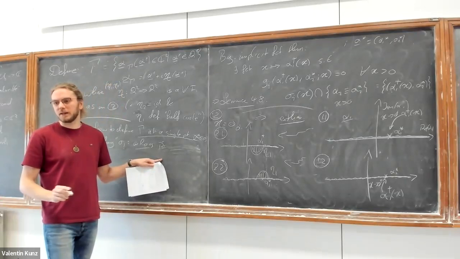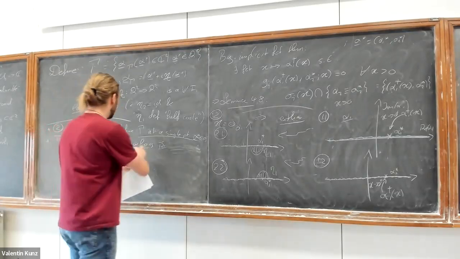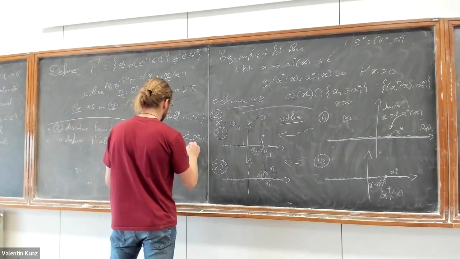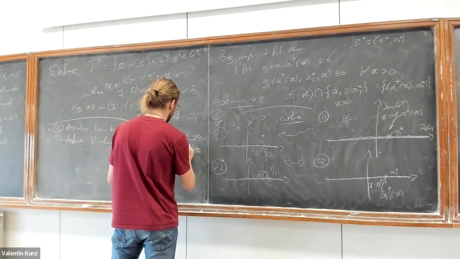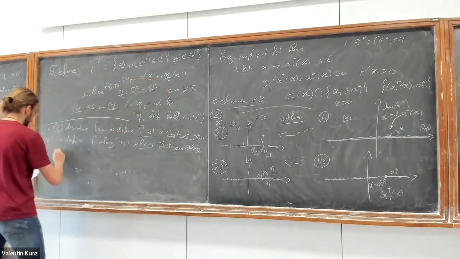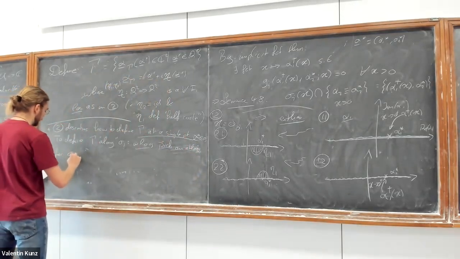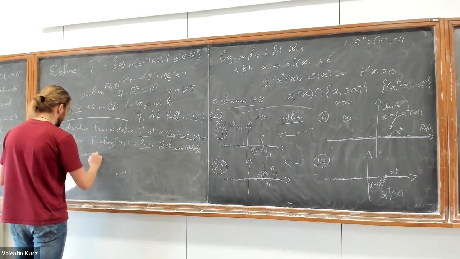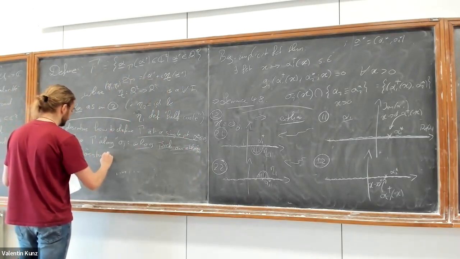Does everyone know what an atlas is? Okay. Without loss of generality, pick an atlas for sigma j, consisting of our ZP.